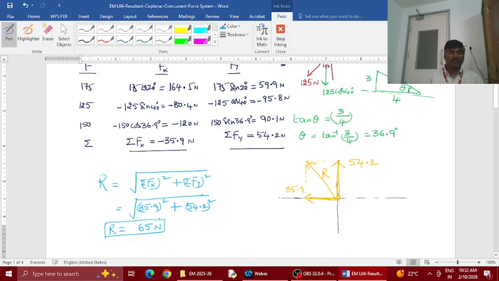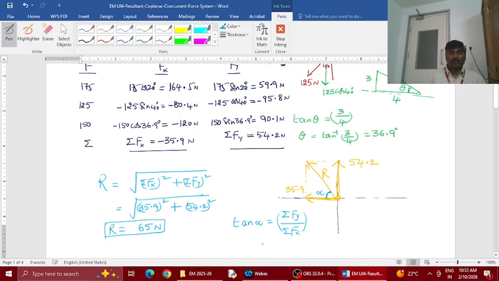That's not enough; you need to state the direction also. Let us take this angle as alpha, with respect to the x-axis, made by the resultant. Tan alpha is the opposite side over the adjacent side, which is sigma Fy divided by sigma Fx.